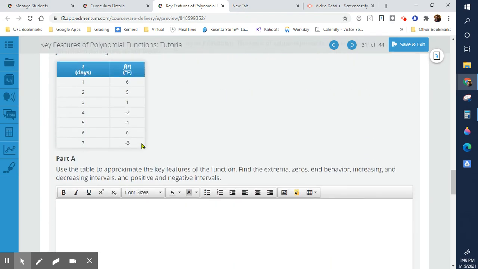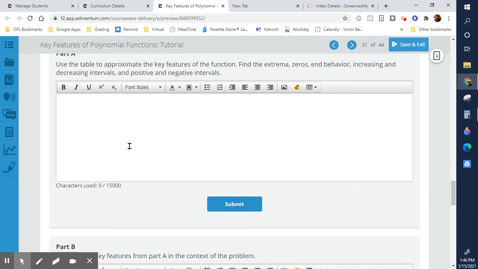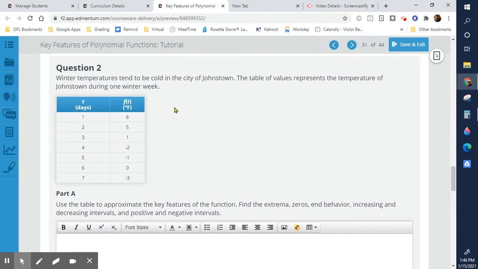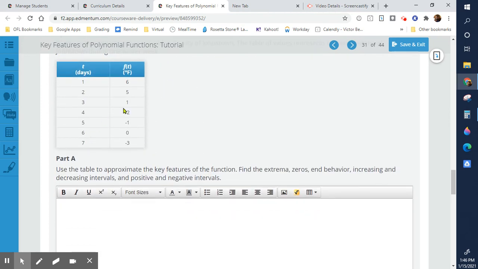All right, this is going to talk about the temperature in days. Use the table to determine key features. So what we're going to say is domain is a week of recording weather.